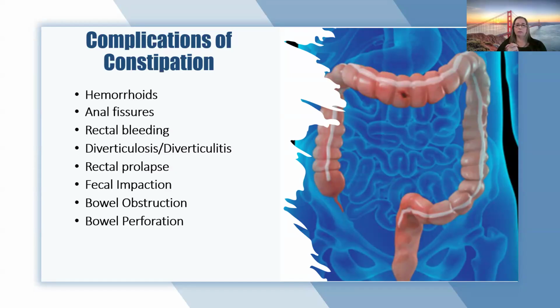And so that is not a good thing, right? We don't want to just push it back in or anything. We want to make sure that that person is evaluated by a physician, and then they can advise on what to do to reduce that prolapse. It rarely requires surgery, but sometimes it does. So it's definitely something that they would need to have treated.